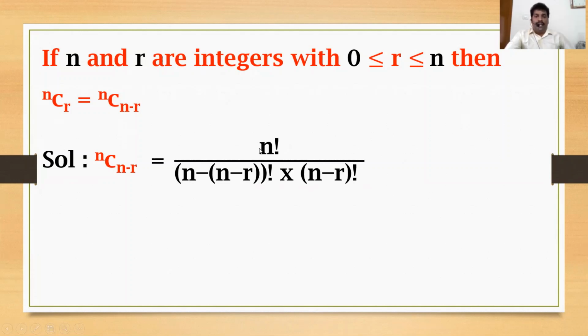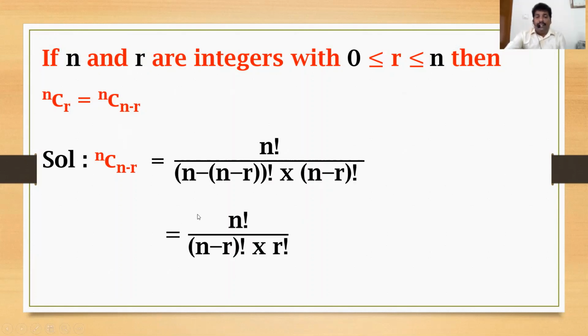So total n factorial divided by (n minus (n minus r)) factorial into (n minus r) factorial. If you remove this bracket here, n minus n both will get cancelled. Minus of minus plus, r factorial will be there. And next (n minus r) factorial as it is. This part becomes r factorial because n and minus n get cancelled. The second part is as it is, (n minus r) factorial.